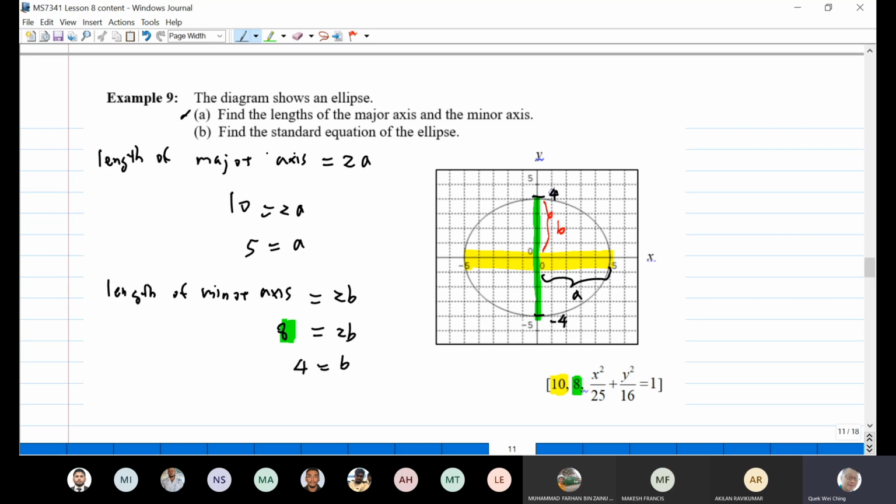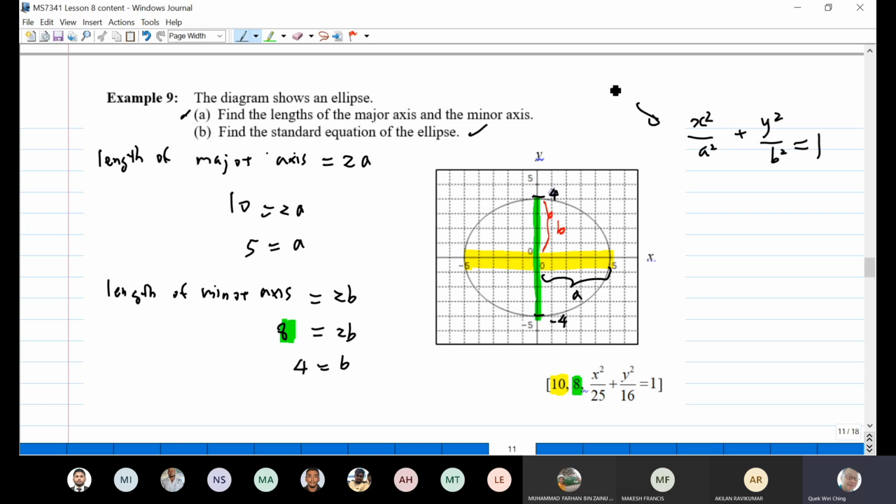How about part B now? The equation of the ellipse. This is a horizontal ellipse, so which one is longer here? x squared over a squared, because a is on the longer one, plus y squared over b squared equals 1.